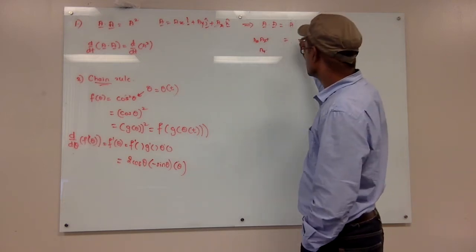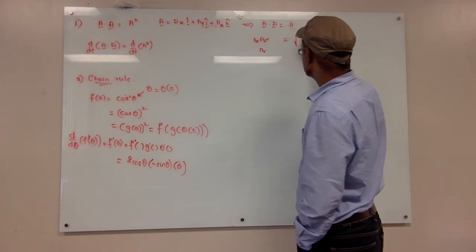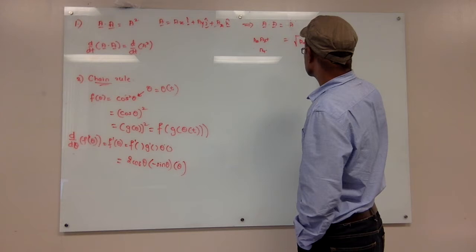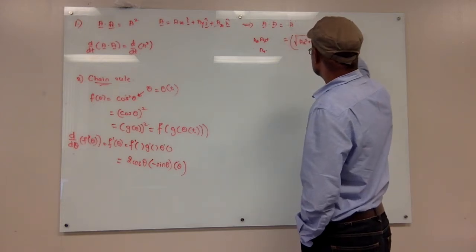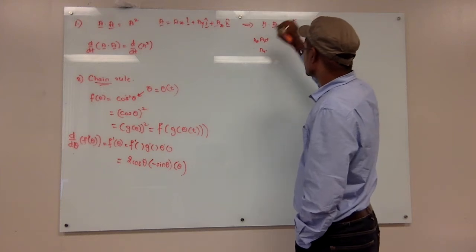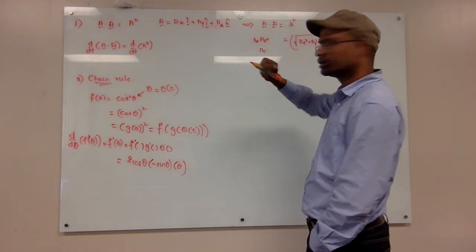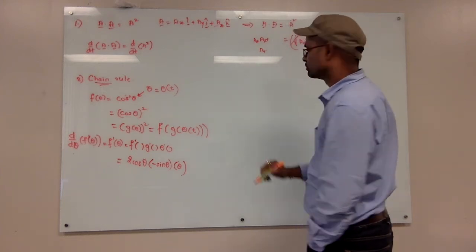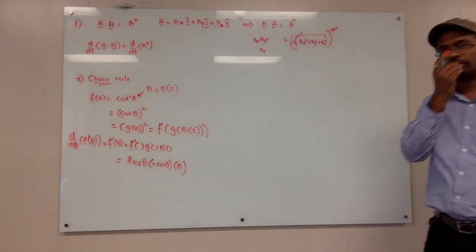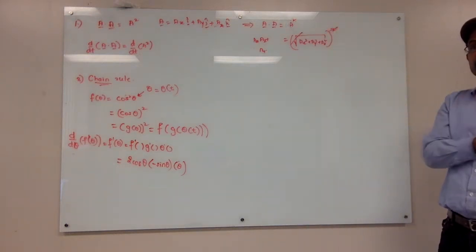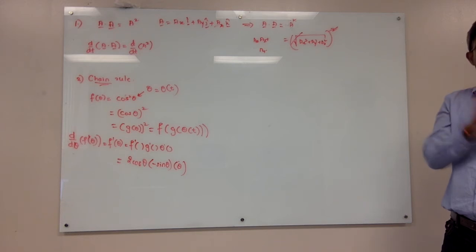What is A? Square root of AX squared plus AY squared plus AZ squared. When I say square, this is what I have. This is how you solve for it. Now when I'm asking for dot product, don't give me a definition of cross product.